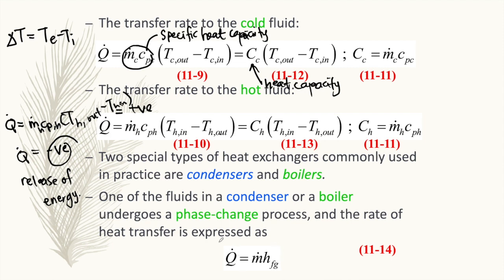And sometimes this equation is used to determine the mass flow rate of, maybe, the condensed liquid. What is the mass flow rate of the condensed liquid in the heat exchanger, for example?